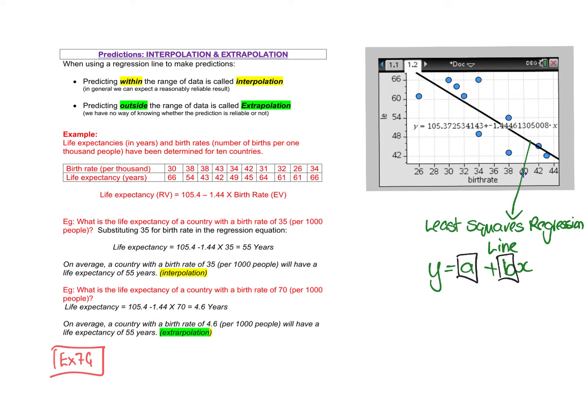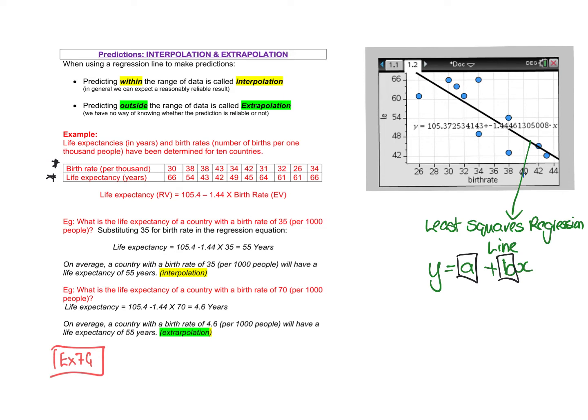So if you look at here, we're going to pop in this example, and I'll get you to pop them into your calculator in a minute. We have the birth rate of 10 countries and also the life expectancy. So we've popped them into our calculator and created a scatter plot, and we've got our A and B values.